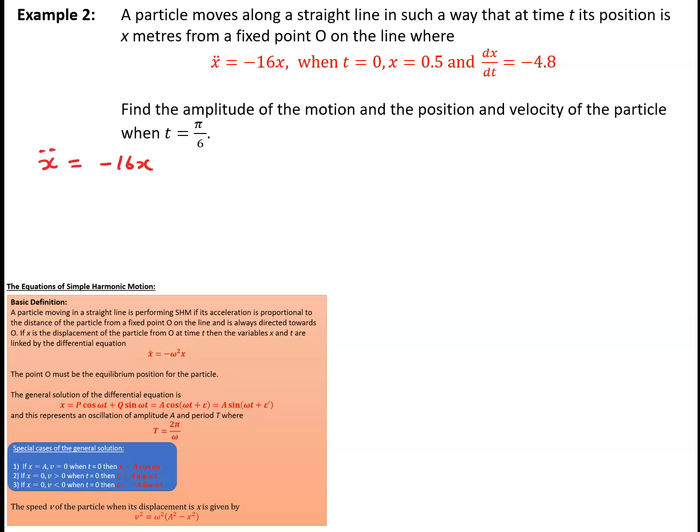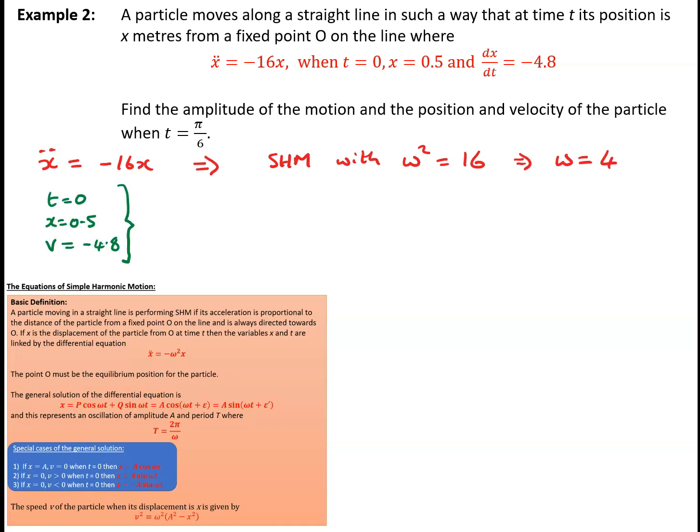The equation x double dot equals minus 16x tells me that I have got simple harmonic motion with omega squared equals 16, in other words, with omega equals 4. Now, when t equals 0, I've got x equals 0.5 and v equals minus 4.8.